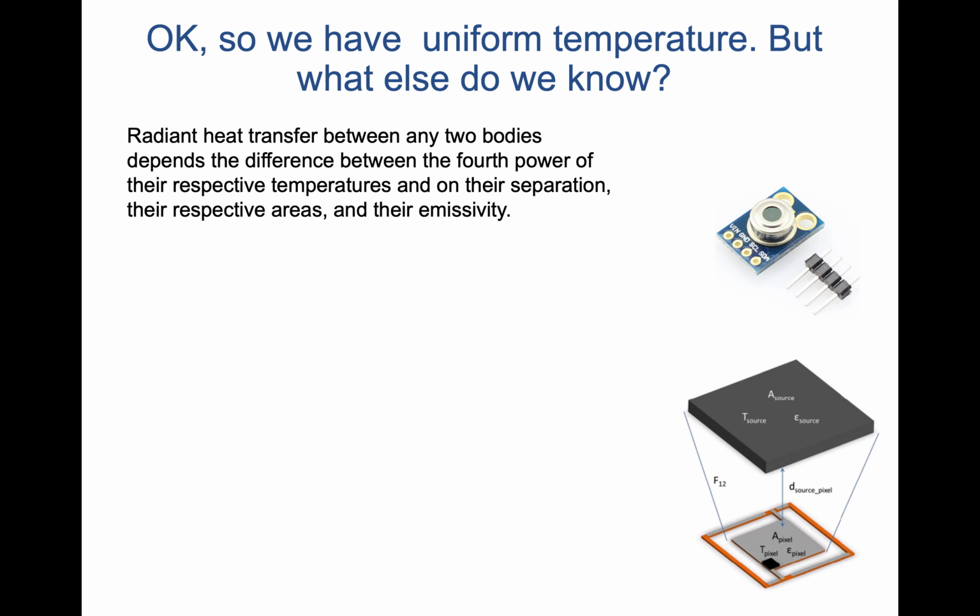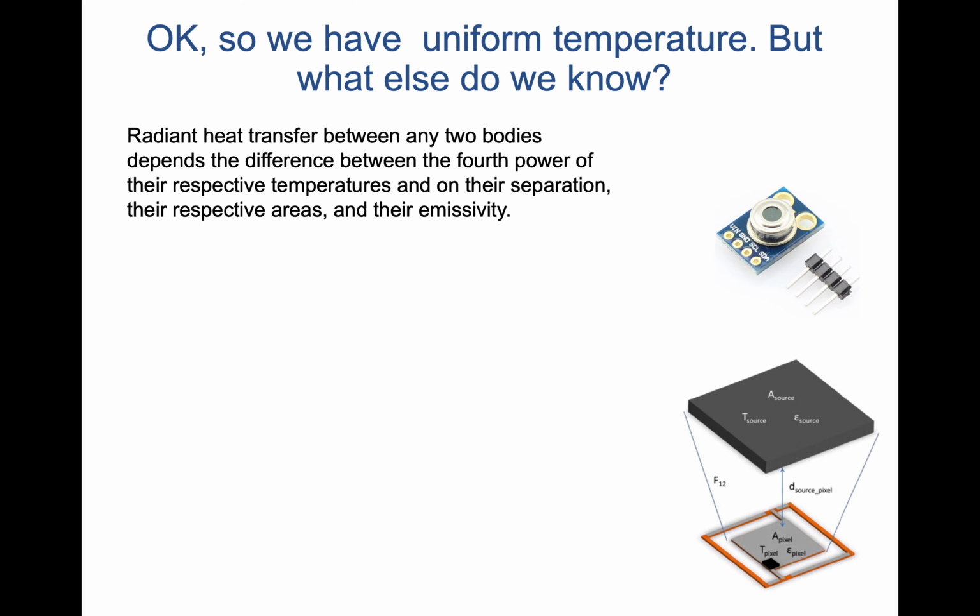Well, we know that radiant heat transfer between two bodies depends on the difference between the fourth power of their respective temperatures. So T of the source to the fourth power minus T of the sensor to the fourth power. And it also depends on their separation and their respective areas and their emissivity.